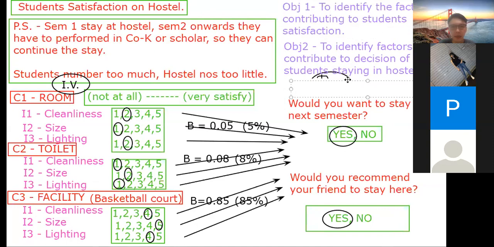The third objective, my third objective. How about the third objective? What can I write?